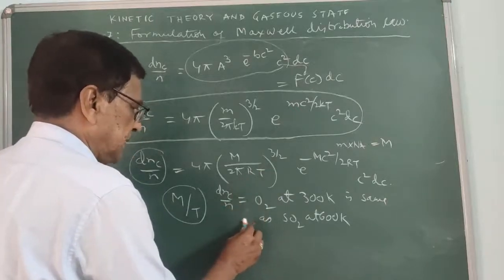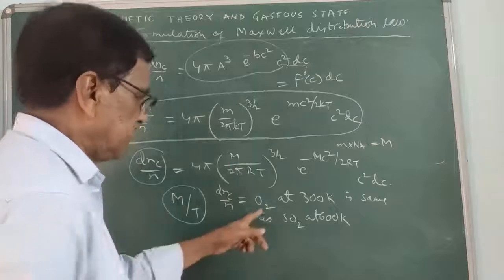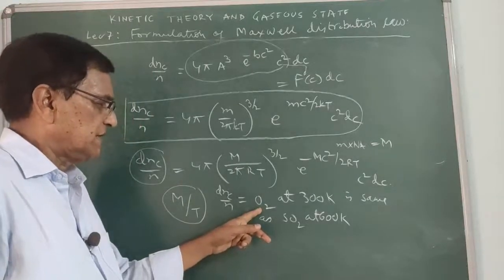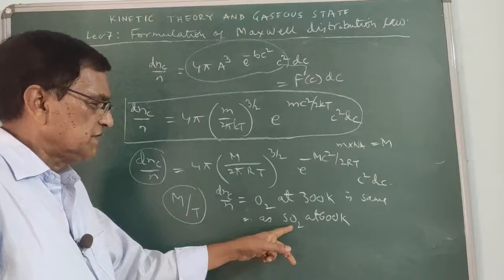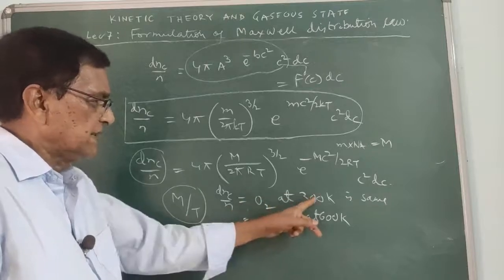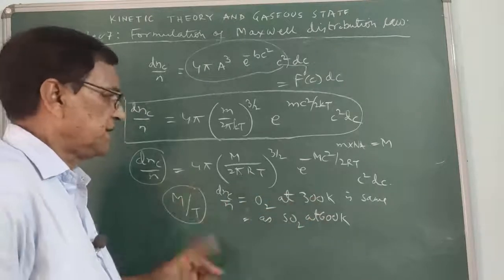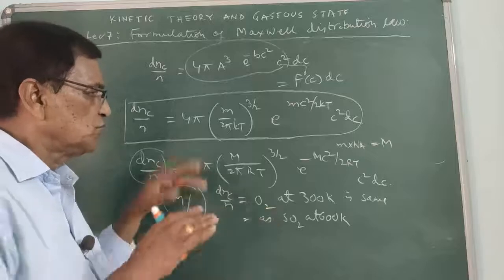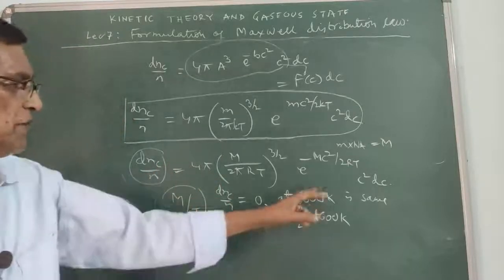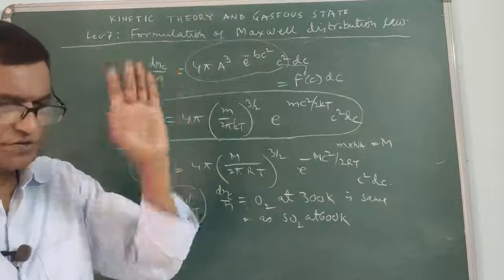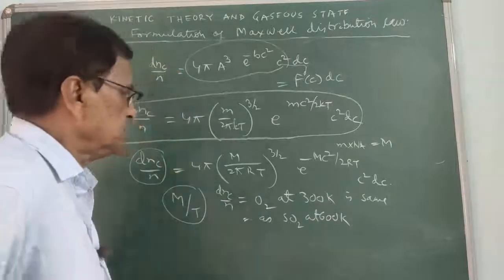Here M is 32, here M is 64, here 300, here 600. M by T will be the same in both cases. So these two gases at two different temperatures have the same distribution function or same distribution curve.